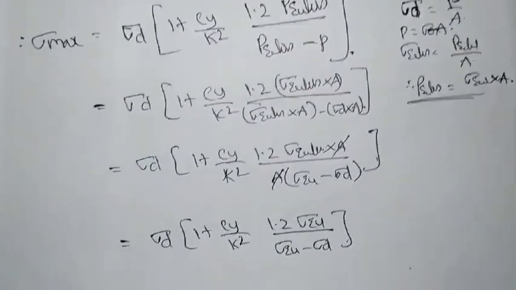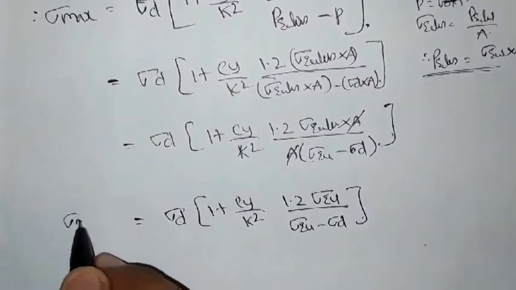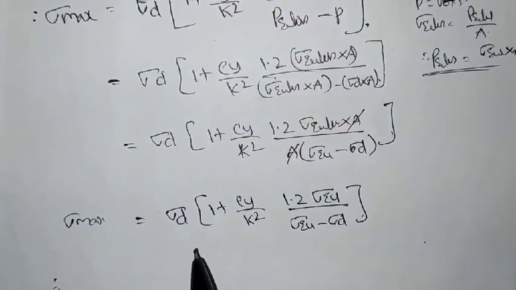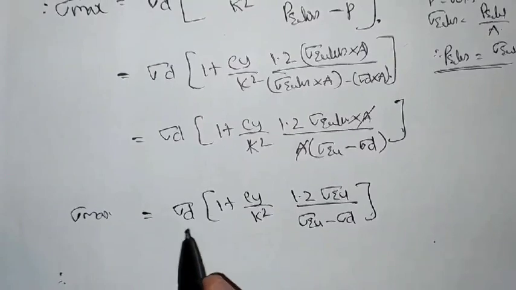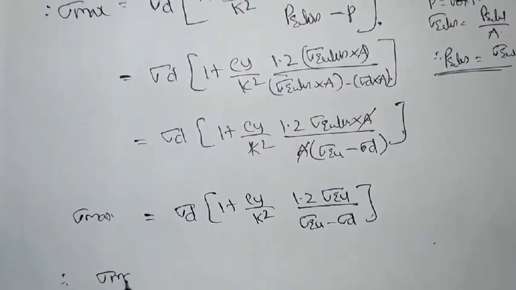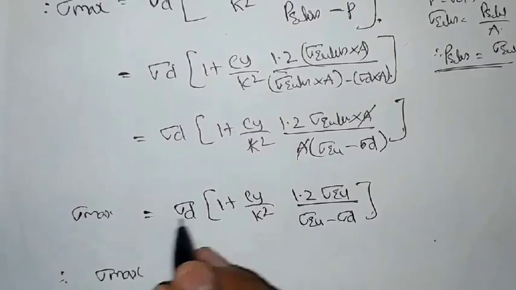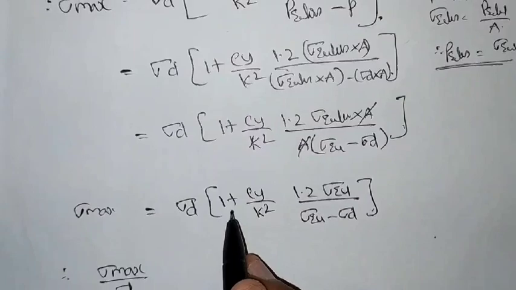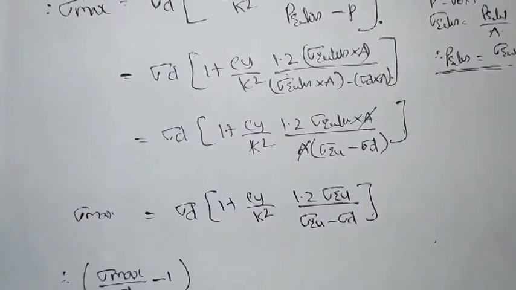Now if I take the sigma d value to the other side, and the 1 to the other side, it will become minus 1.